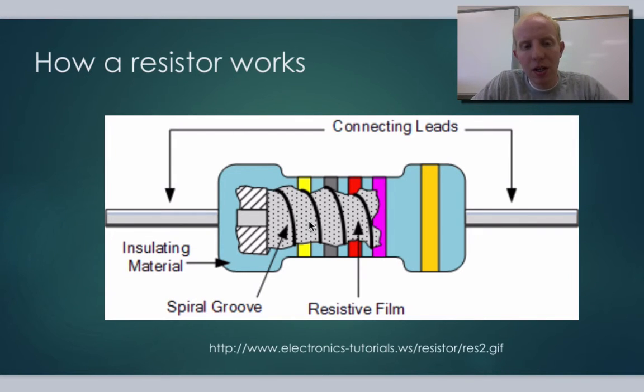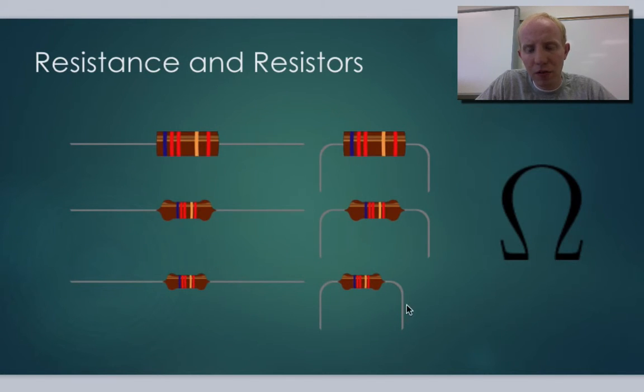We want to be able to determine this resistance for any resistor. Just so you know, the resistance is given this special symbol, which is capital omega, by the way. You'll see that at the end of a lot of resistor values. That's just telling you the resistance of the circuit or the resistor.